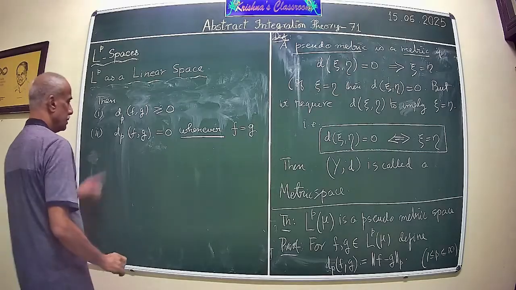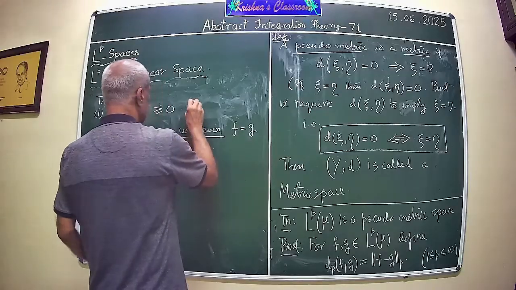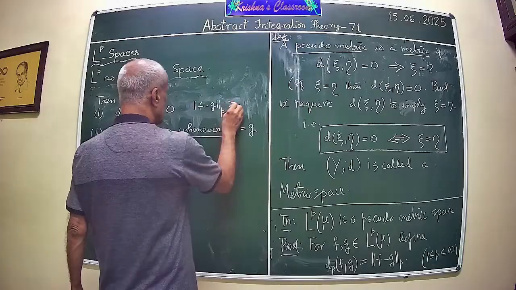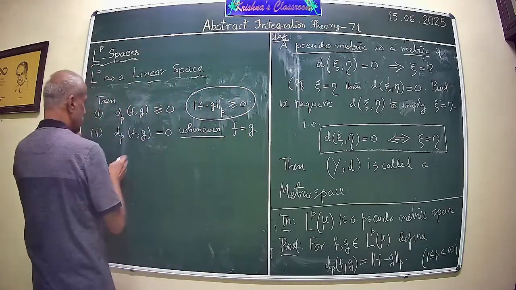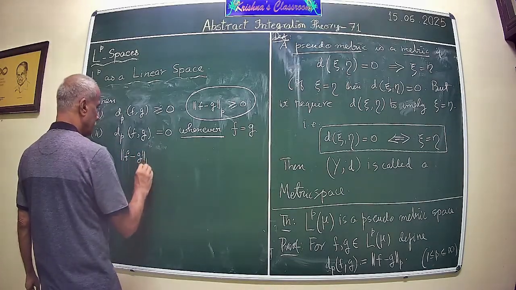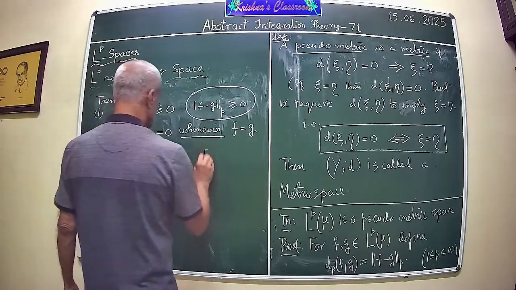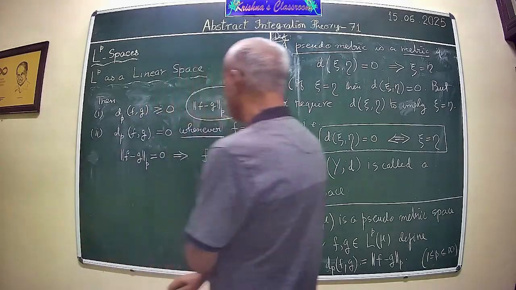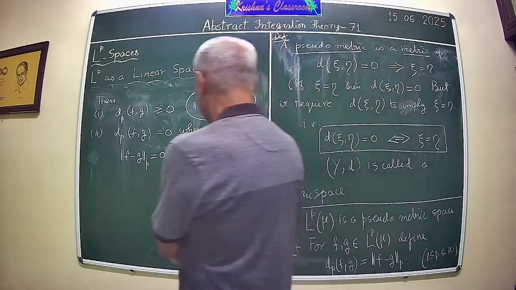Okay. What does this mean? This comes from the fact that, of course, this is the norm of f minus g. This is the reason. So here, f minus g equal to 0 almost everywhere, and that means f is equal to g almost everywhere.